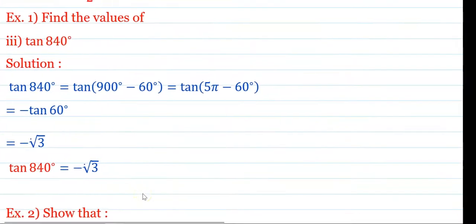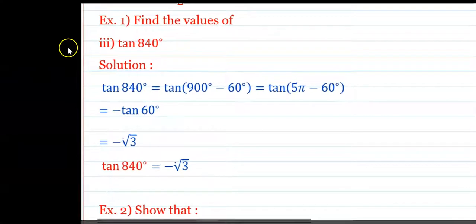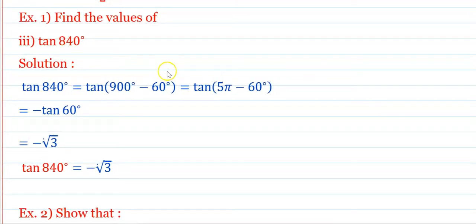Okay. Now the next. Tan of 840. Again, tan of 840 can be written as 900 minus 60. Okay. And again, see this here. 900 minus 60 means what? 5 pi minus pi by 3. Now see this here. 2 pi, 4 pi, and this is 5 pi. But 5 pi minus pi by 3 means what?